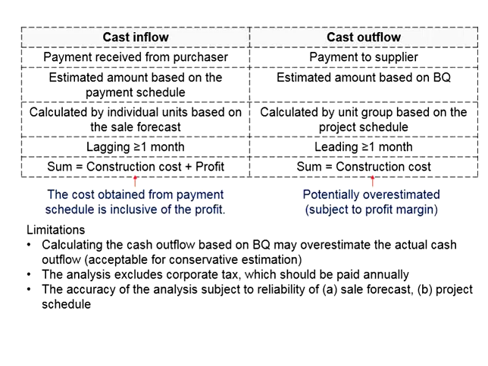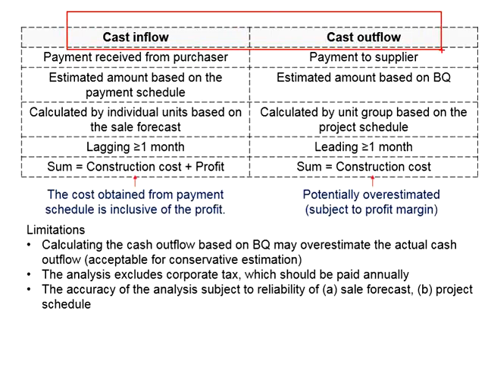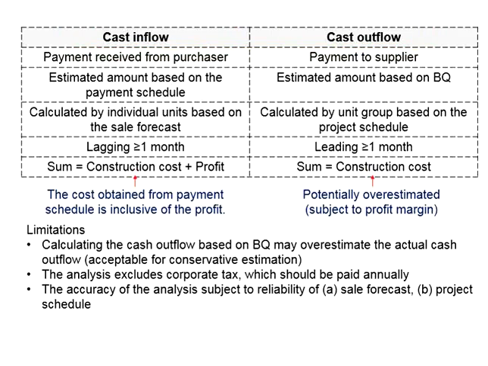Next is about the accuracy of the analysis that you use to calculate the cash inflow, outflow, and the net cash flow. The accuracy will be very much reliant on your sales forecast as well as the project schedules. If the sales forecast and the project schedules closely reflect reality, then your analysis shall be quite accurate.